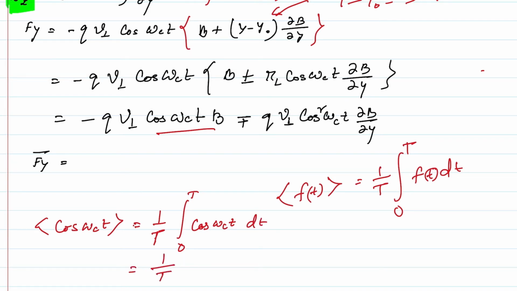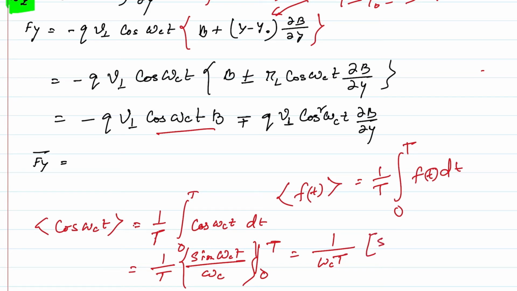On integrating cos omega c t, we will get sine omega c t by omega c, from 0 to capital T. So we can write this one as 1 by omega c T, then sine omega c T minus sine 0. We can write like this.